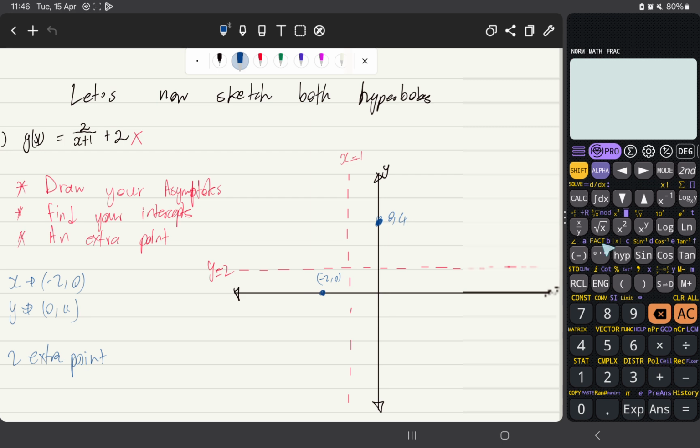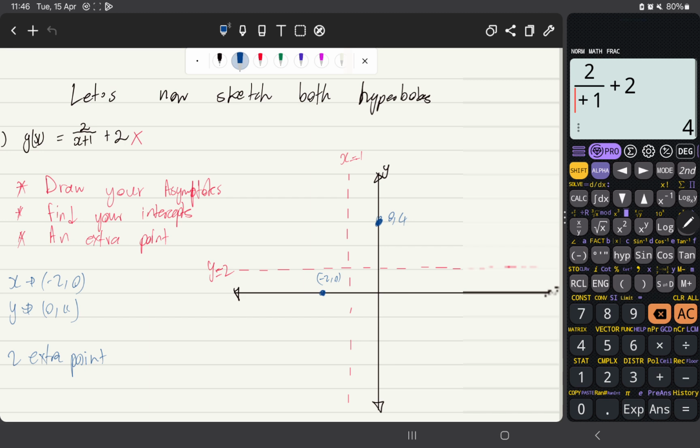So this is what my hyperbola looks like. I'm going to try to find some y values.